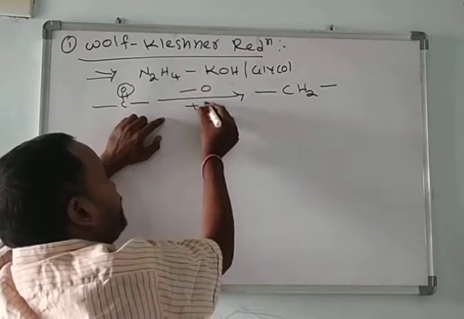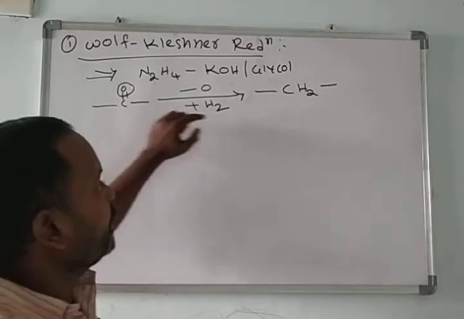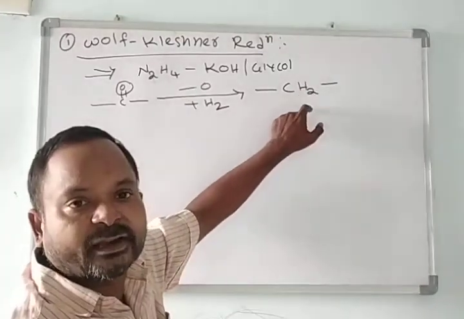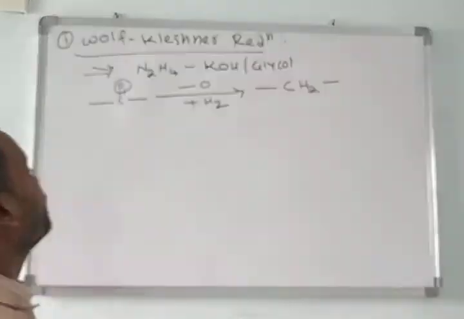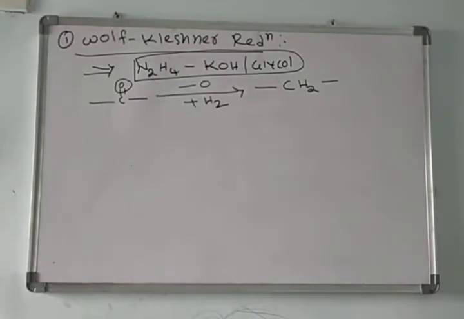Removal of oxygen is called reduction, and addition of hydrogen is also called reduction. Oxygen was removed and in its place we add hydrogen. That is simple. In the presence of this reagent, we call it Wolff-Kishner reduction.